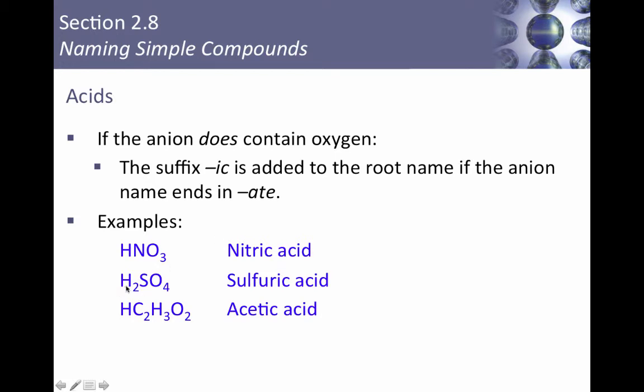All right, here we have the polyatomic ion would have been sulfate. I'm going to remove the ate, add ic, and I get sulfuric acid. And our last one, this is the acetate ion. I'm going to remove the ate, add ic, and I get acetic acid.